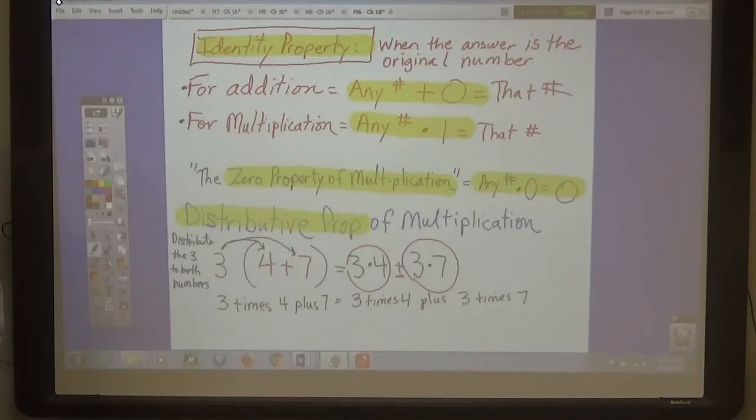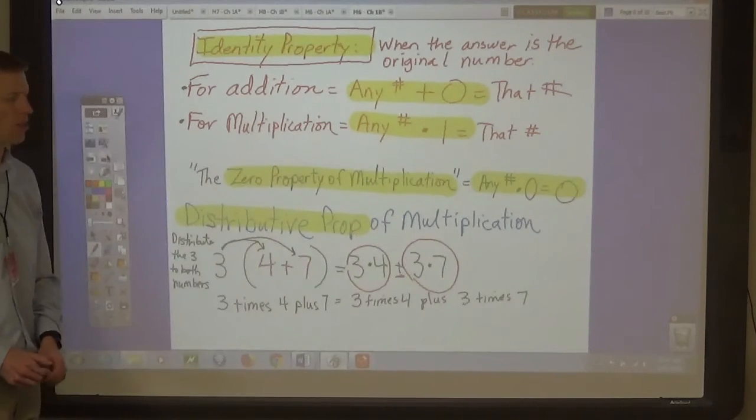Now, let's go to our assignment. Look at number 1, page 27. Number 1 on top of page 27. 36 times 4 is equal to 4 times 36.